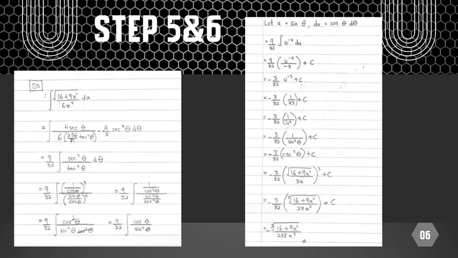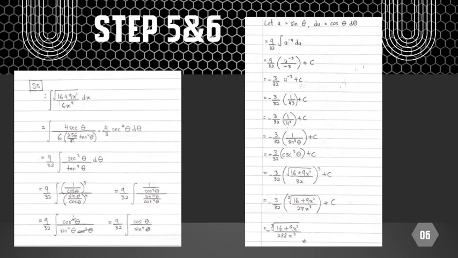We rewrite the equation and substitute u equals sin theta, so we get negative 3 over 32 times cosecant to the power of 3 theta plus c.